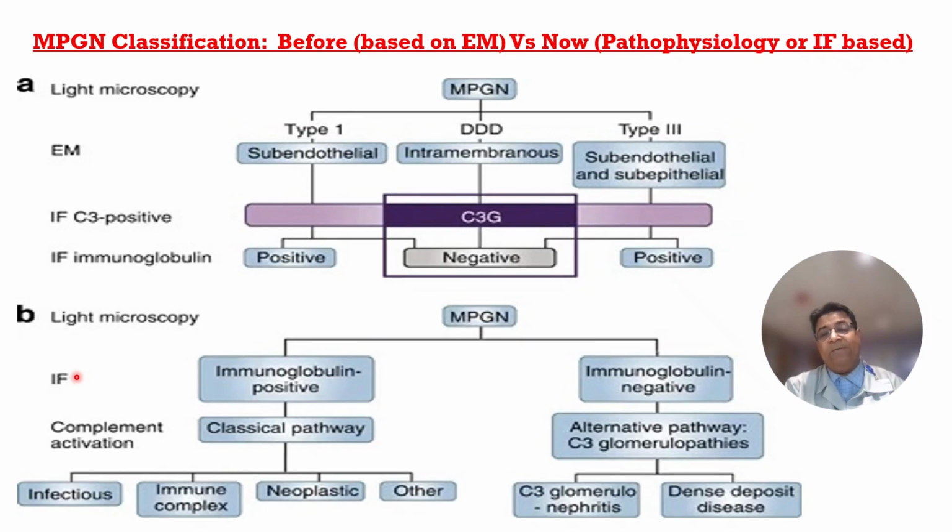Is the IF staining for immunoglobulin? If so, then it could be from infections and immune complex disease, neoplastic or other etiologies. Do you see complement deposition, but not immunoglobulin deposition? Then in that scenario, you would consider C3 glomerulonephritis or dense deposit disease.